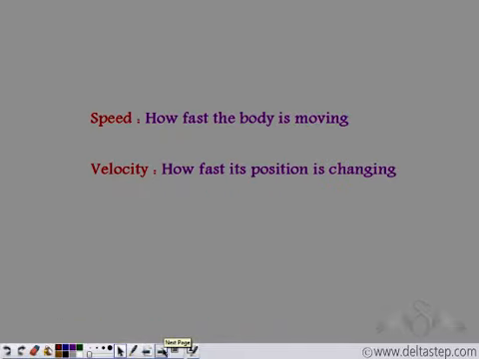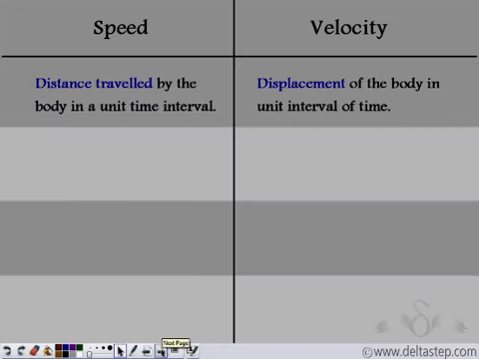Now speed tells us how fast the body is moving, whereas velocity tells us how fast its position is changing. So let us compare speed and velocity. Speed is the distance traveled by a body in unit time interval, whereas velocity is the displacement of a body in unit time interval.